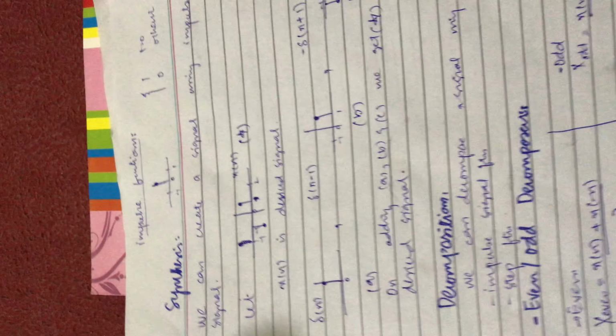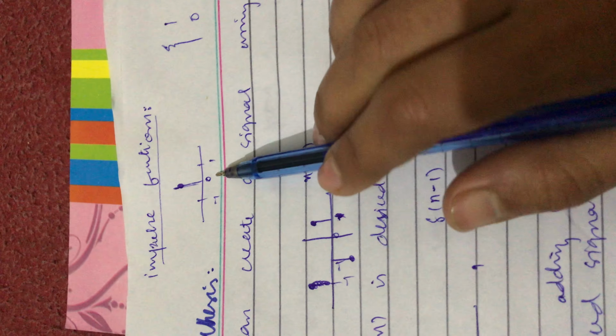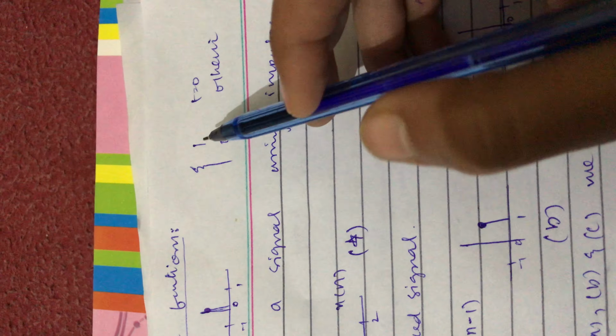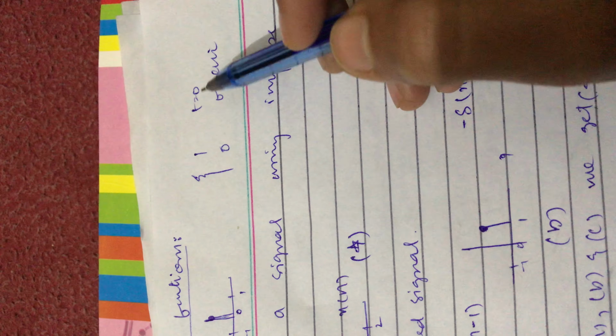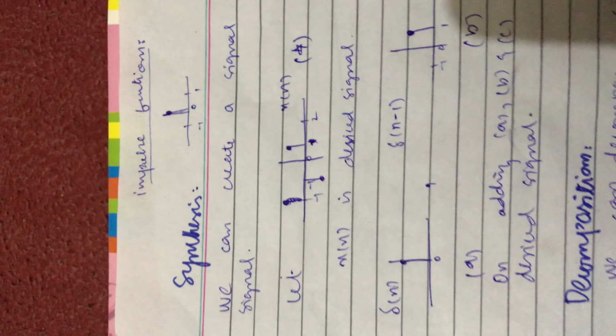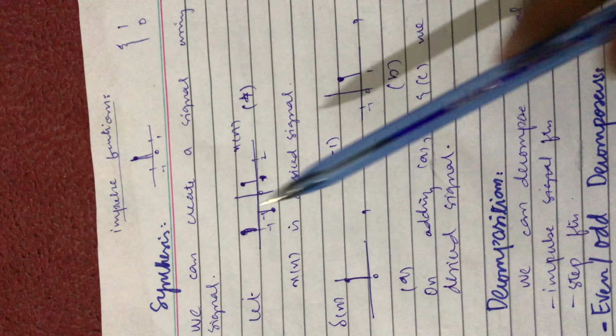Okay, what is the impulse function? The impulse function is something like this, which only gives us a value at 0. Mathematically it gives us 1 at t equals 0, otherwise it is 0. It is only a single spike. So we can synthesize any signal by using the impulse signal.